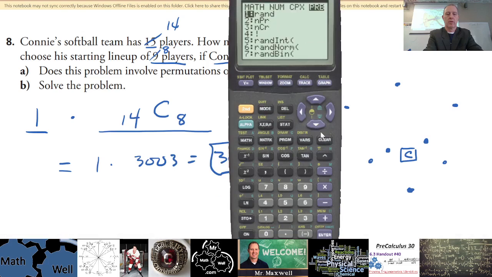Interesting. 15 choose 10, we just randomly threw another player in there. 15 choose 10 is 3,003 as well. So coincidentally, that's the same answer, but I'm not sure you could rationalize that, okay? So it would have to be probably this other way. But yes, there are different combinations of n's and r's that could yield you the same number of combinations, for sure.